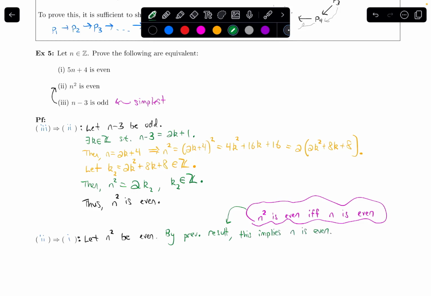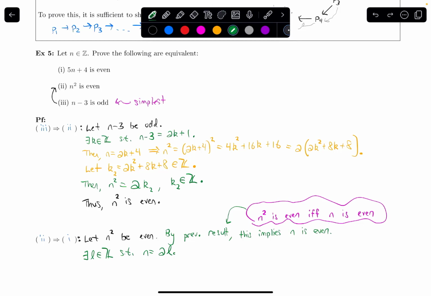And now we are ready to state the definition of what that means. So that means there exists, well, I've already used a k in the last part, so maybe I'll use a different variable. Because I don't want to reuse variables. Let's let this one be L. There exists an L, which is an integer, such that n equals 2 times L, because n is even.